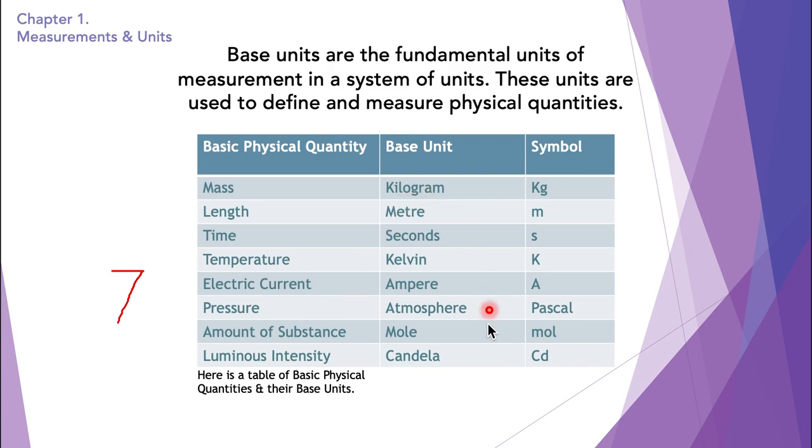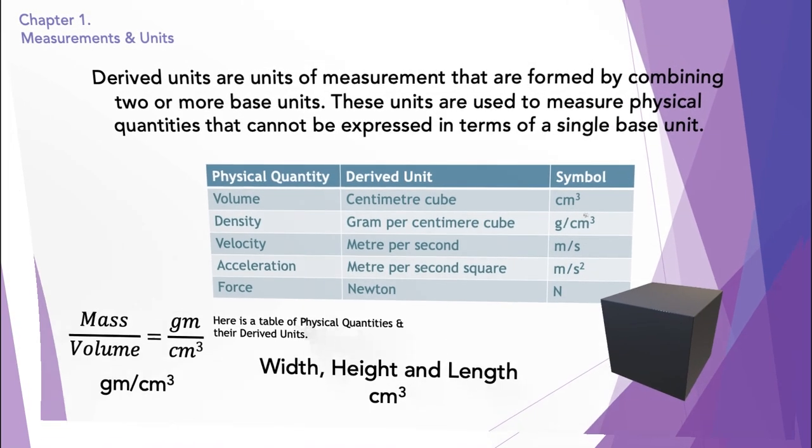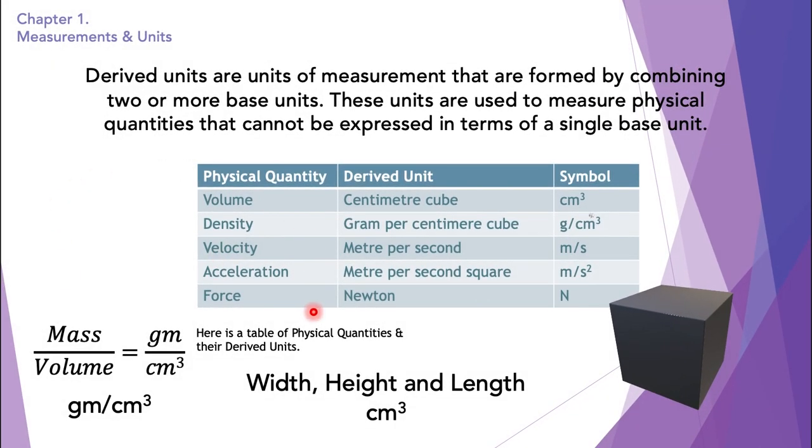Now, these base units are important to remember as they are the fundamental units of measurement in a system of units. These are the units that basically are used to define and measure physical quantities. And from these base units, we get the derived units, which are the second types of units in the SI system.